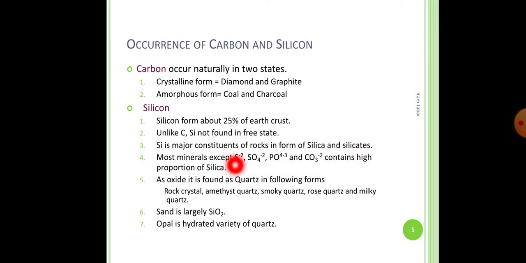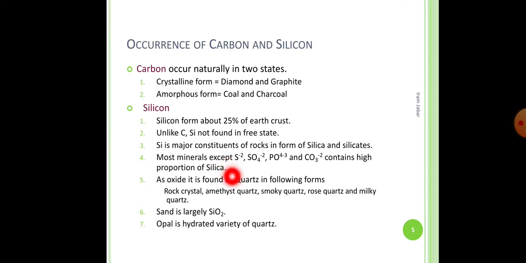Silicon exists with most of the minerals except the ores which contain sulfide, sulfate, phosphate and carbonate. Besides these ores, silicon exists in the form of silica.